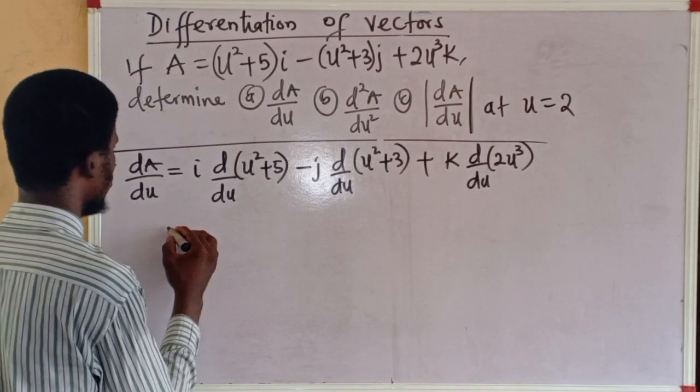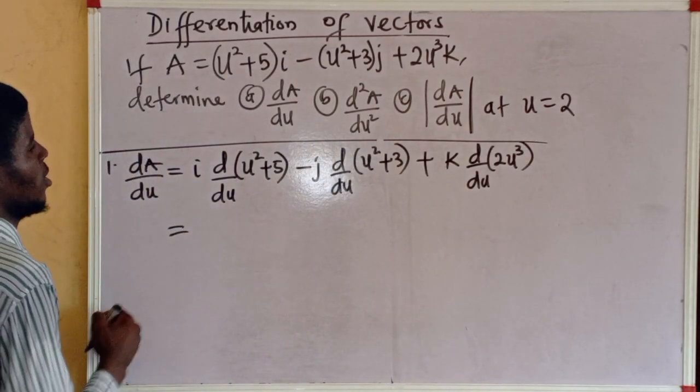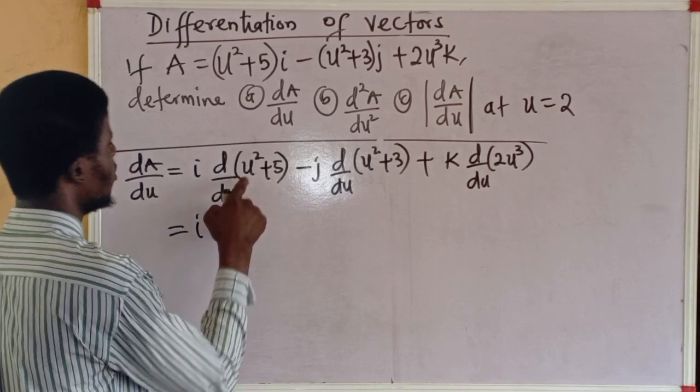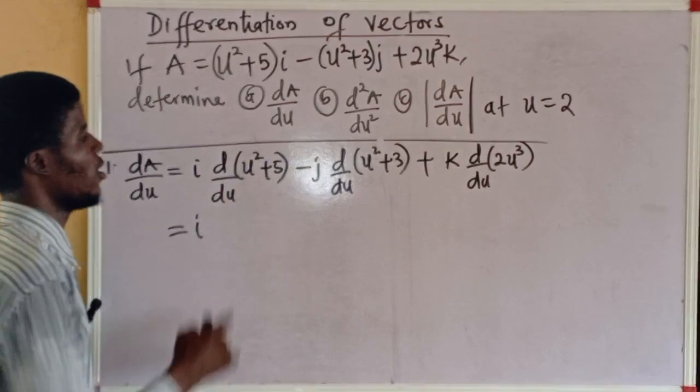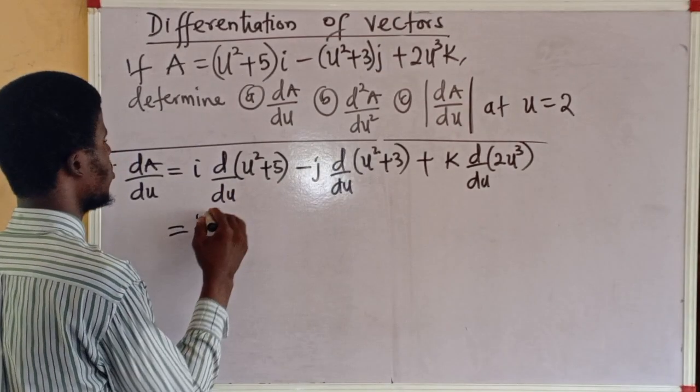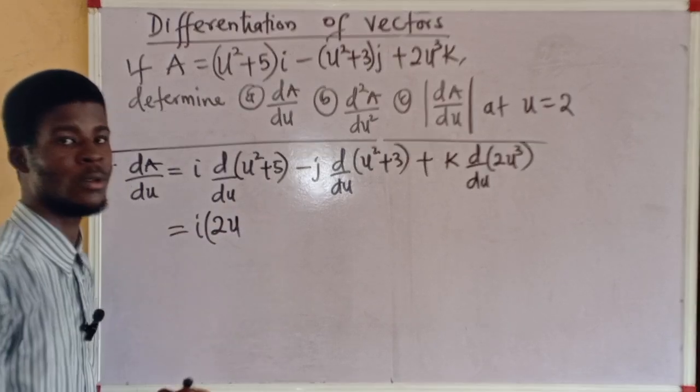So what we have now is i times the derivative of u squared plus 5 with respect to u, and we are going to obtain 2u plus 0.